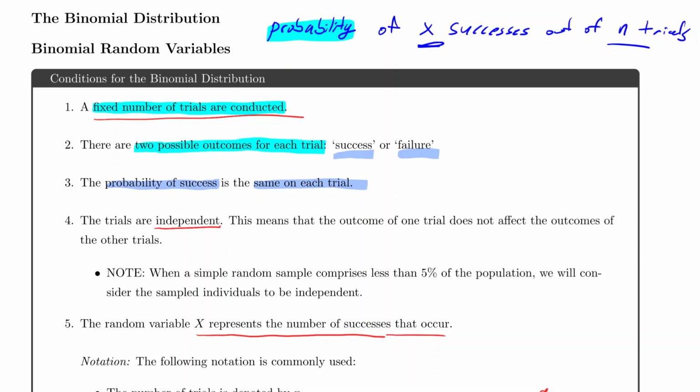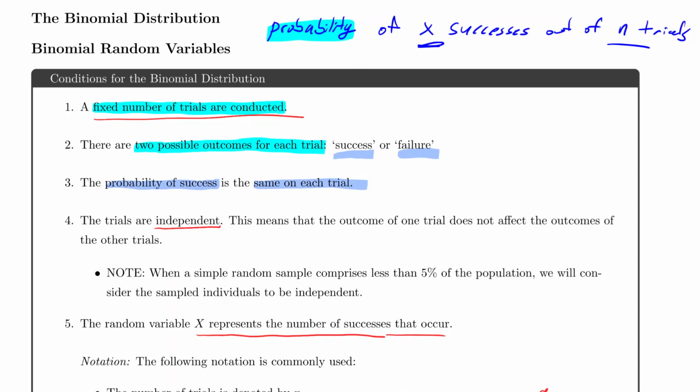Another common problem would be a coin toss. If I toss a coin 100 times, what's the probability that exactly 7 of them will be tails? Or if I roll a die 10 times, what's the probability that exactly 3 of them will be 4, like the 4 is up? These are the types of problems where we can use binomial distribution to find the probability.